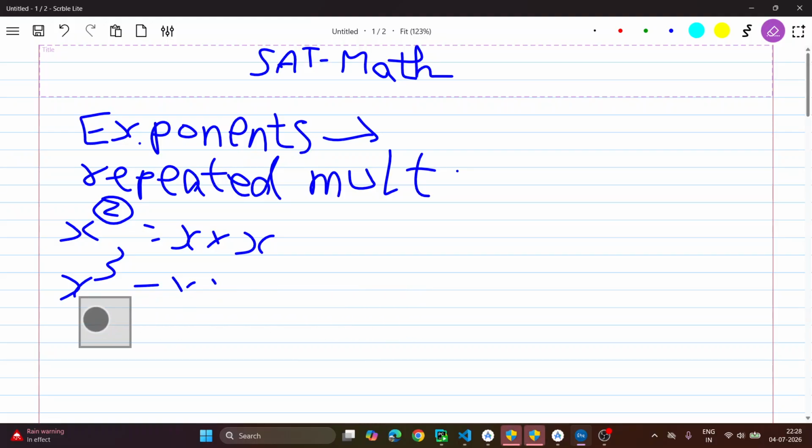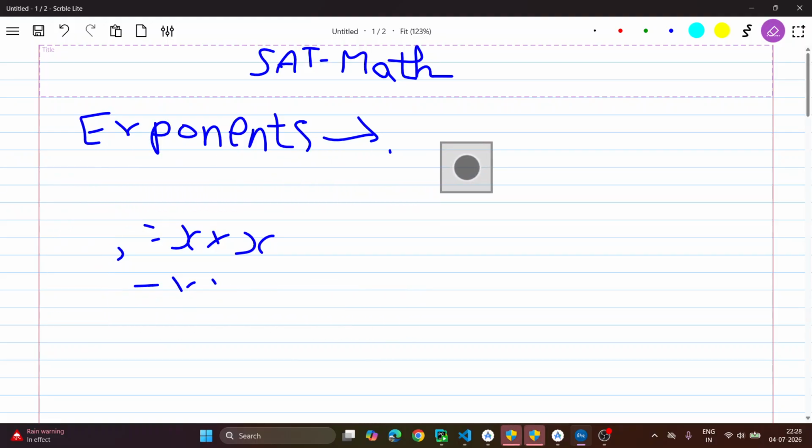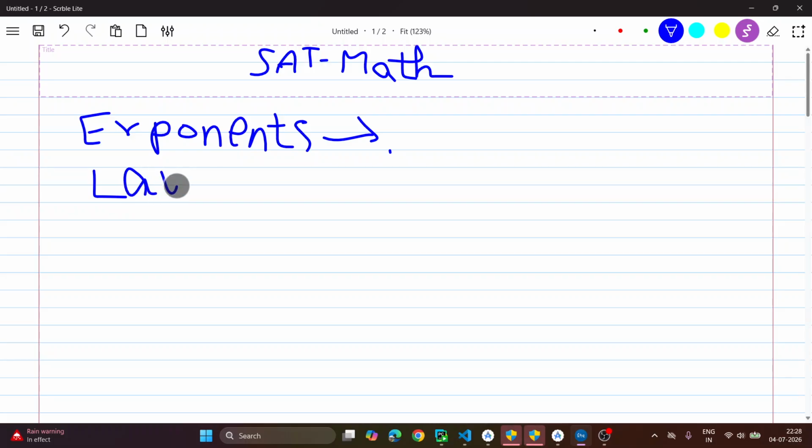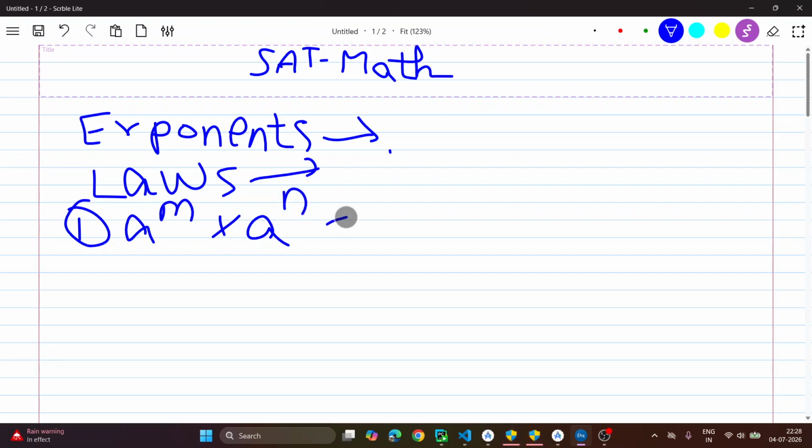So now let's see the laws of exponents. We have a power m into a power n is equal to a power m plus n.